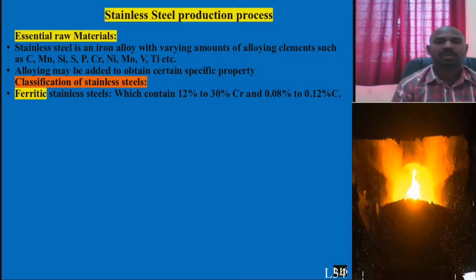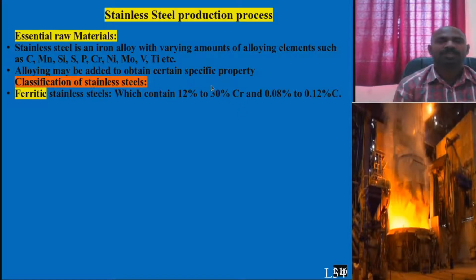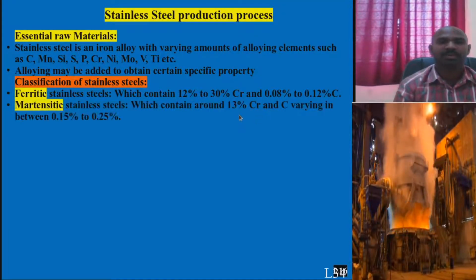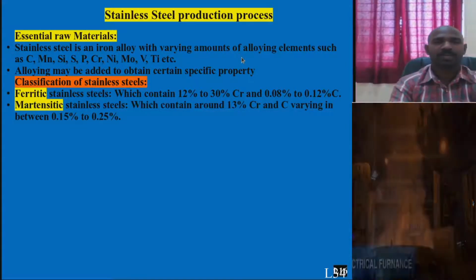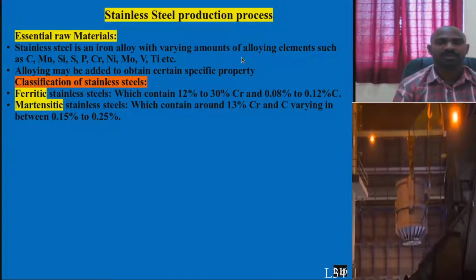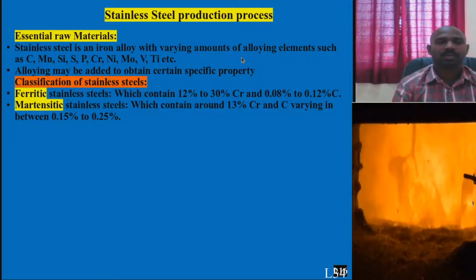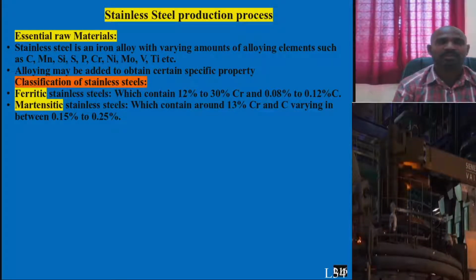Now you will see that the chromium composition is varied, with a minimum of 12% chromium. Coming to martensitic stainless steel, it contains around 13% chromium along with carbon. You will see the chromium variation.